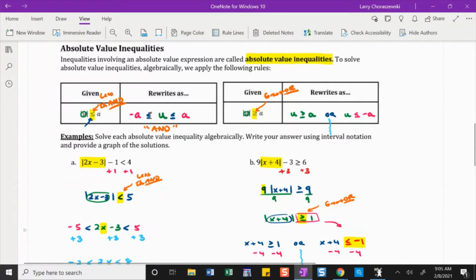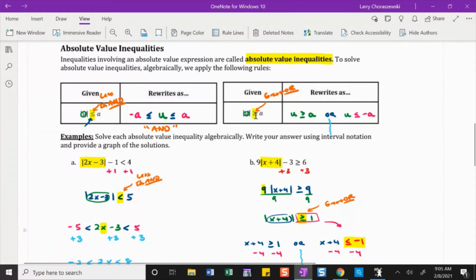All right, and then we stay consistent with the type of inequality symbol that we're using. And basically we form 3 pieces, okay, opposite numbers on opposite ends, and then the expression that was inside the absolute values in between. But you're not done from there. Usually you have to isolate x still in the middle all by itself, and that's something we took care of last week.